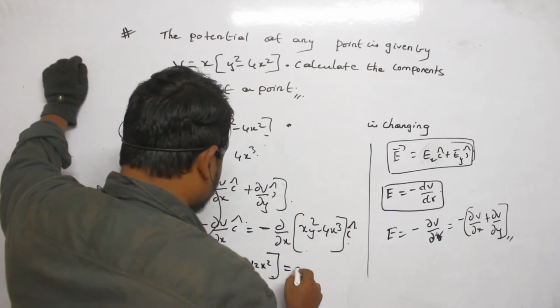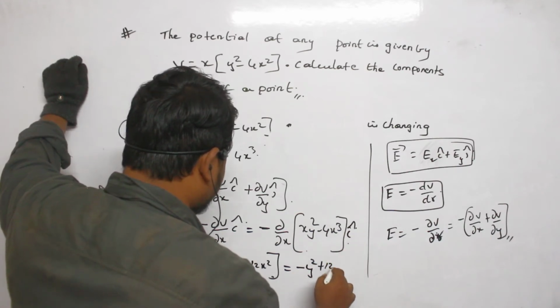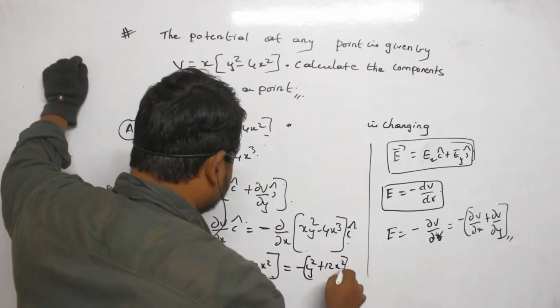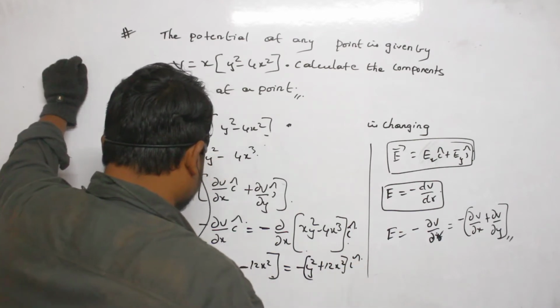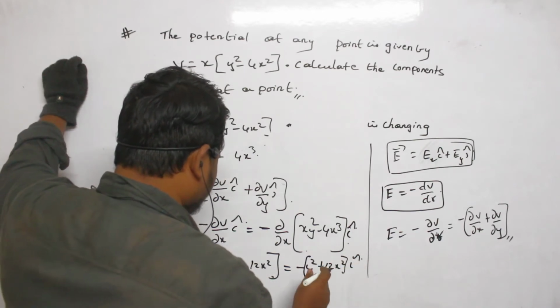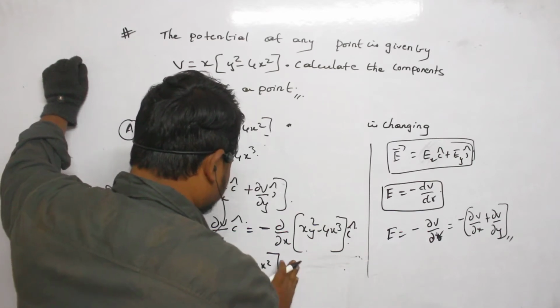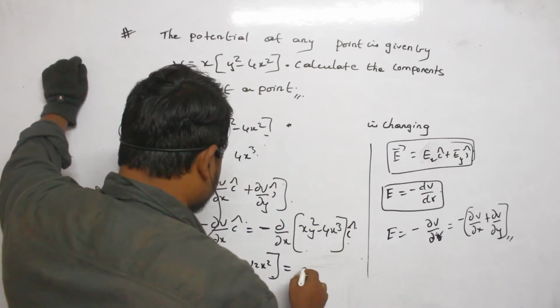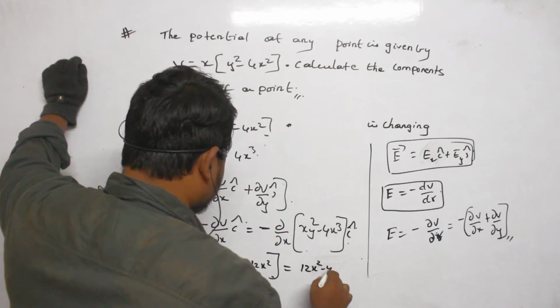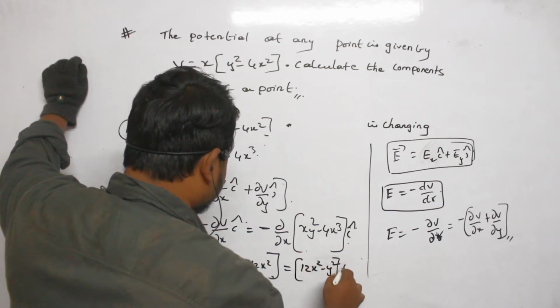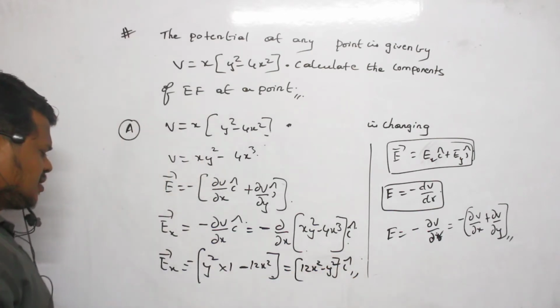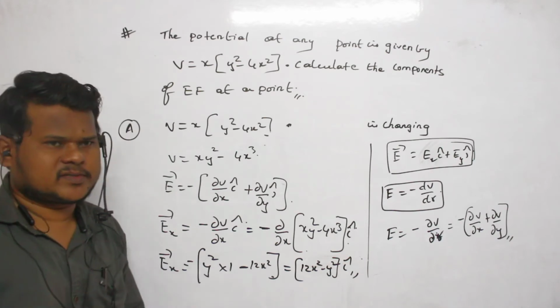So minus y square plus 12x square i cap. Clear? So minus y square, no need of the symbol now here. So 12x square minus y square i cap. Clear? So this is the component of electric field along x-axis.